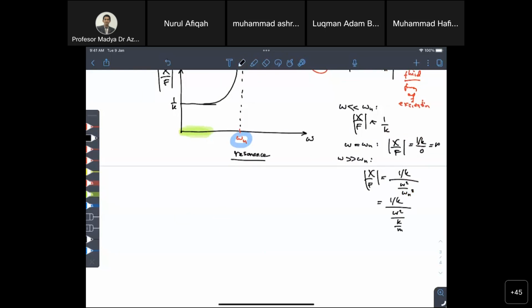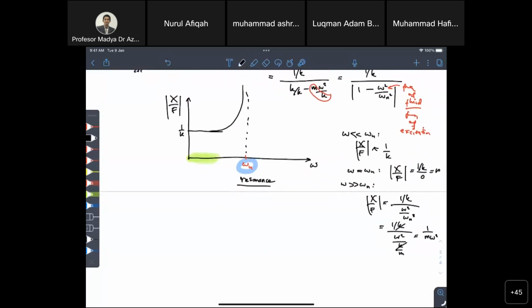So then you can cancel out k, and you end up with 1 over m omega squared. So at high frequency, above the natural frequency, if the fluid flow is at high frequency above the natural frequency, what happens?